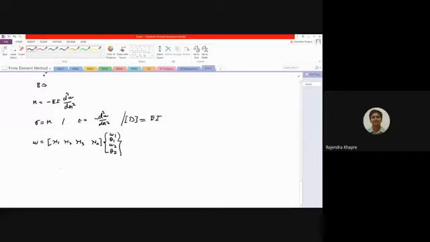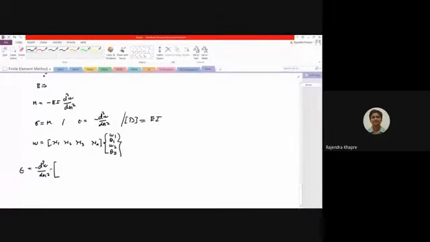Strain is nothing but minus of d square W by dx square. This can be calculated by simply multiplying this out. So I can directly write strain equals minus d square W by dx square.